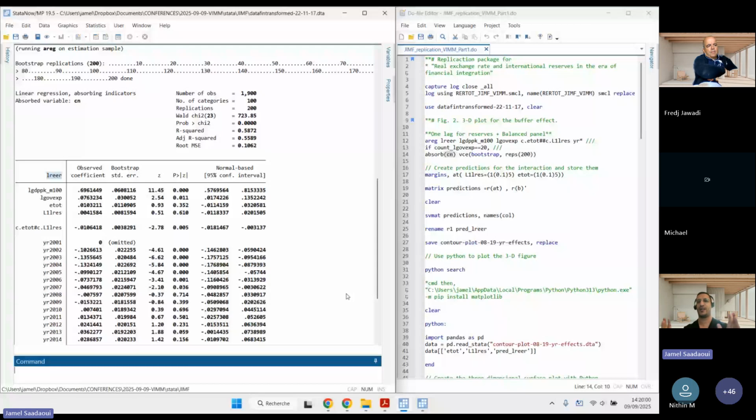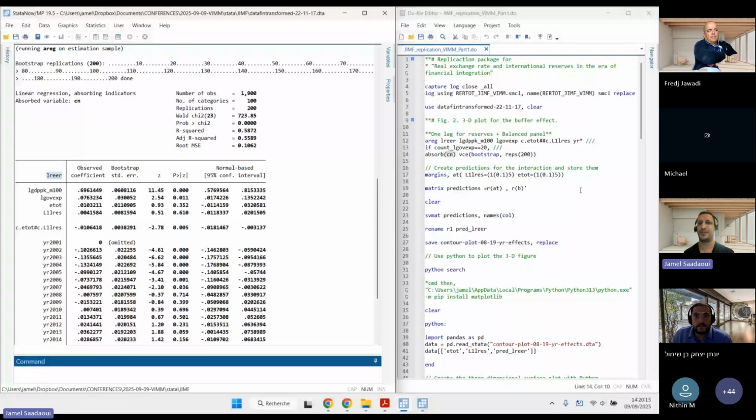If you have trade data, you can include a sectoral fixed effect. You can include a lot of high dimensional fixed effects, and it's much faster. But if you use xtreg, you will have the same result. I hope I answered the question. Yeah. Thank you very much.